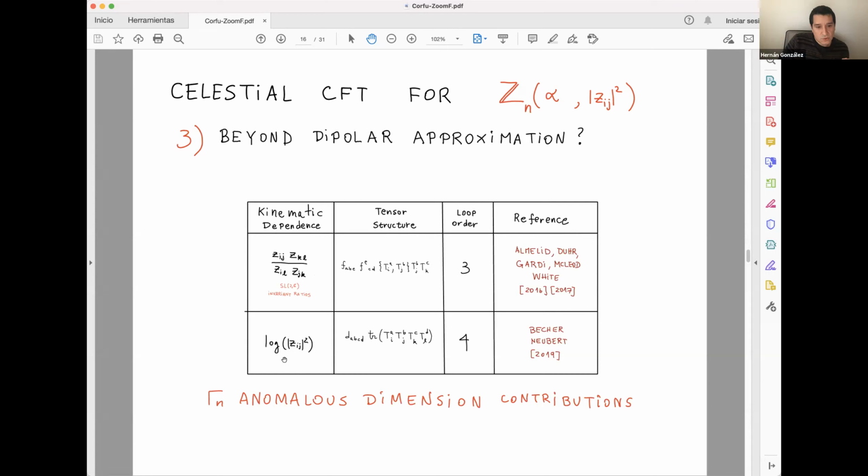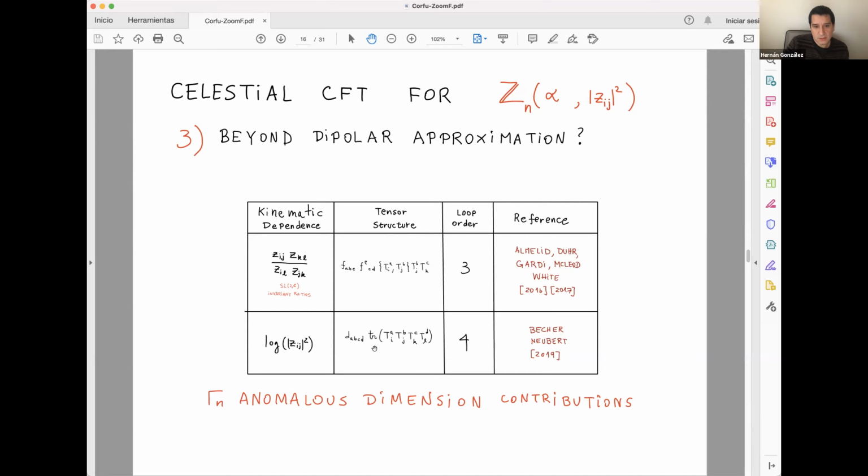And also at 4 loops in 2019 it was found that there is another structure to the soft anomalous dimension that makes the conformally soft sector of this quantity a little bit less clear.